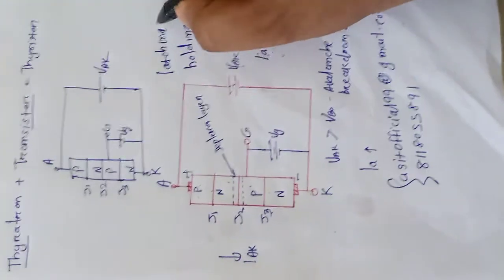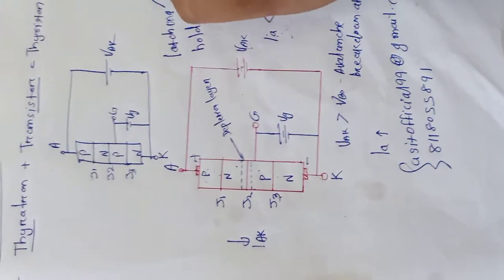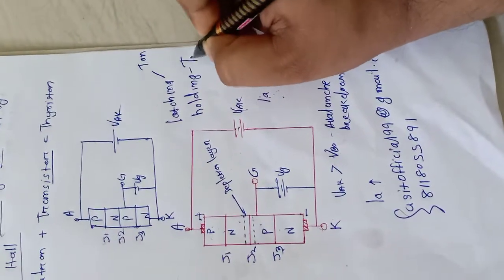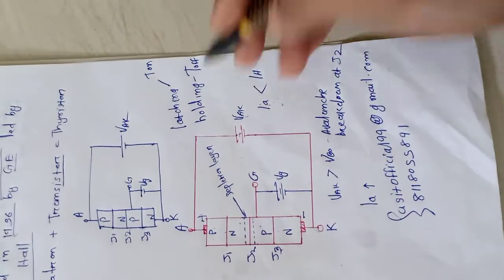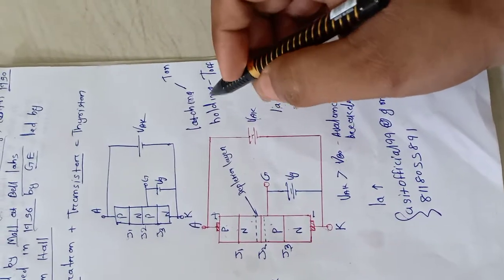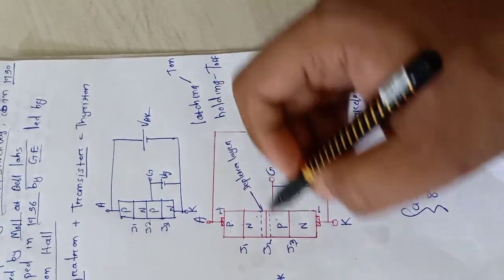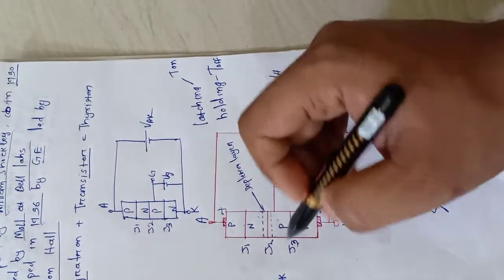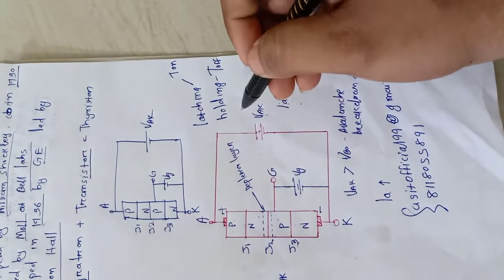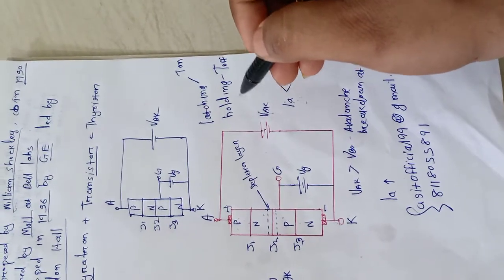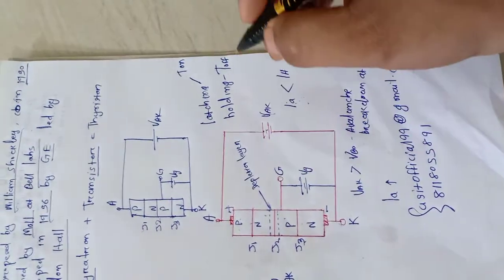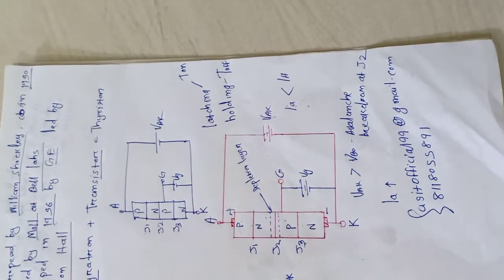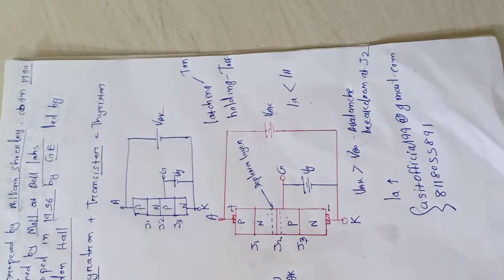So this is associated with the turn on process, T on, and this is associated with the turn off process. So what is latching current? During turning on of an SCR, whenever our anode current exceeds the latching current, then our device will be successfully turned on, and during the turn off process, whenever our anode current is less than the holding current, then our device will be successfully turned off.